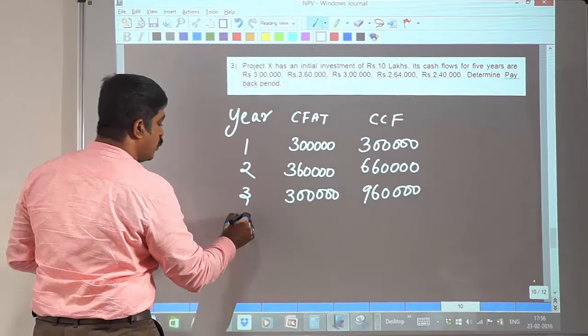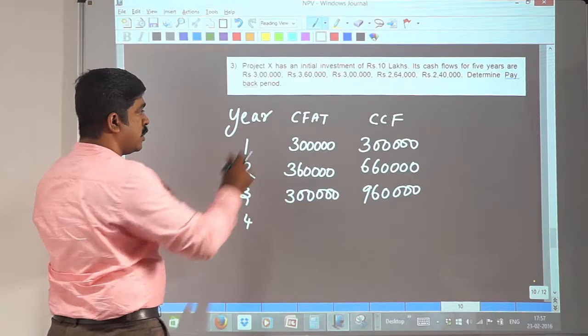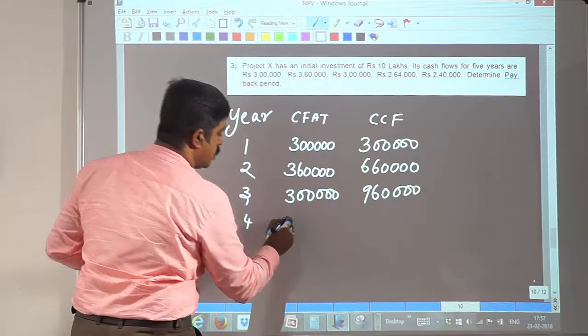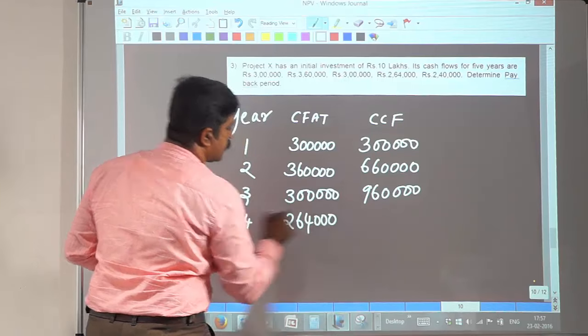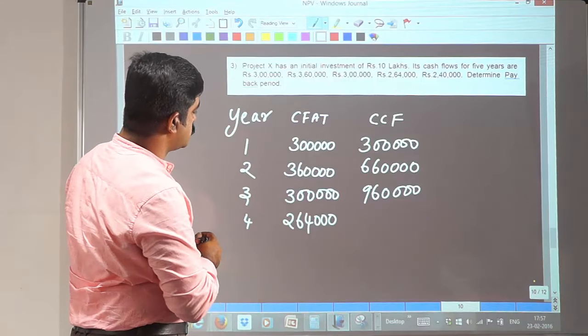Then we'll move on to year 4. In year 4 your cash flow is 2 lakh 64,000.